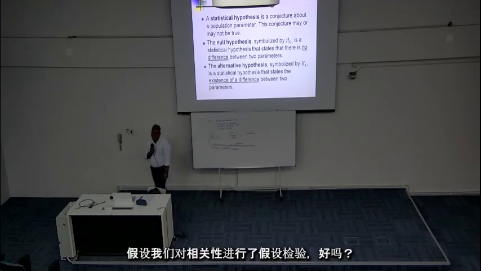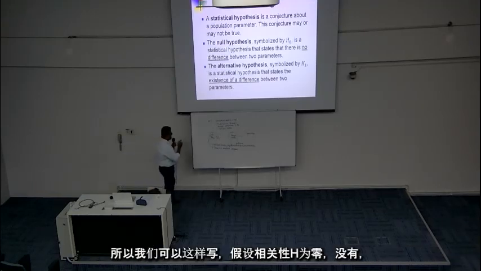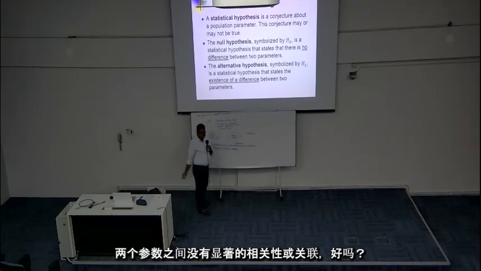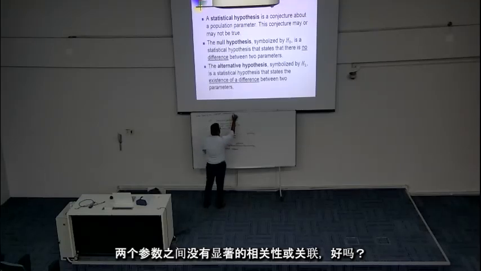Let's say we have a hypothesis test about the correlation. We can write it like this. Hypothesis about the correlation: H null, there is no significant correlation or association between two parameters.